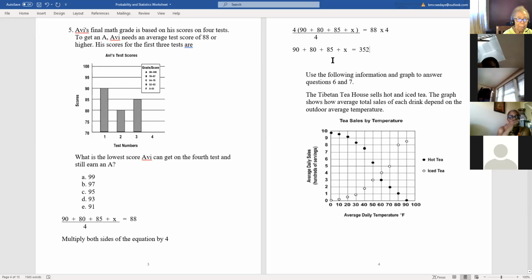Do you have to divide? No, remember, you have to add. Do you add 90 plus 80 plus 85? Very good. So add 90 plus 80 plus 85.